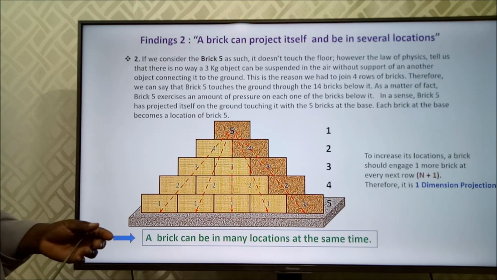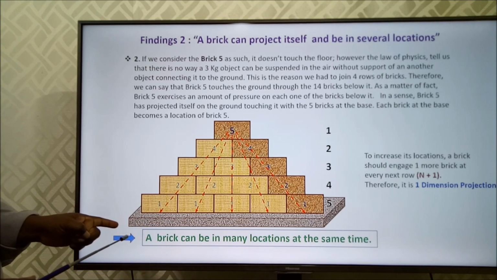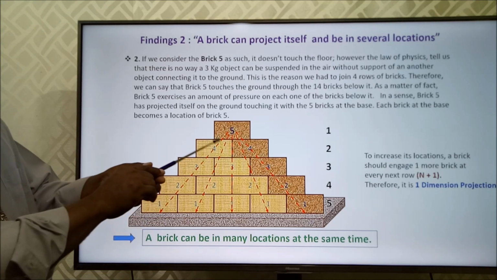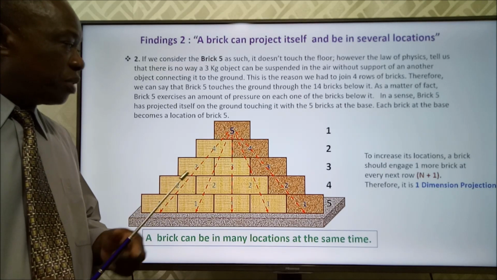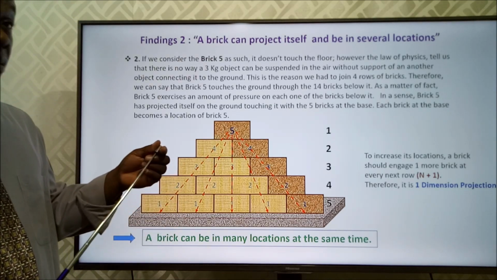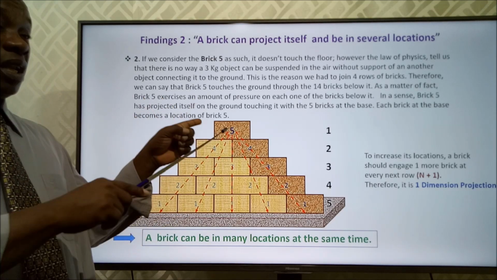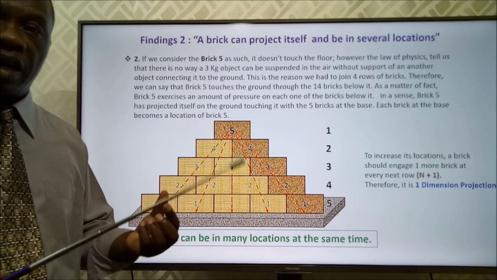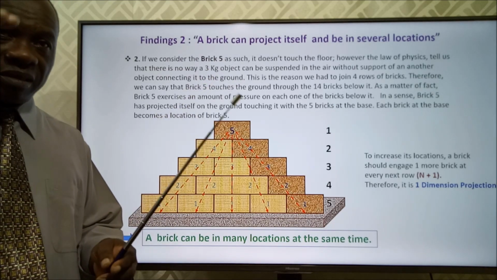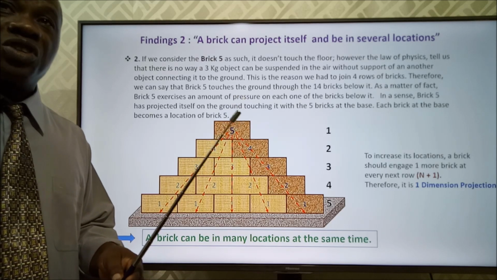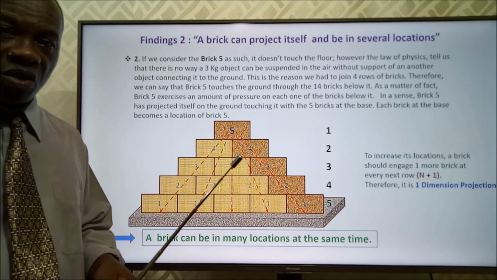Another thing that I observed is that the brick number 5, as it is here, this brick, imagine that it wants to be there, because when we build the house, we are trying to reach a certain level to cover the space.